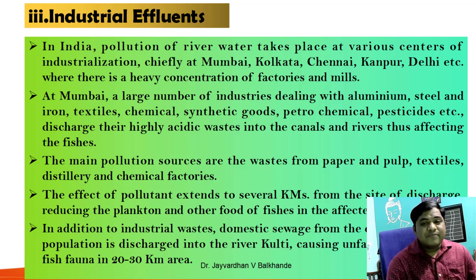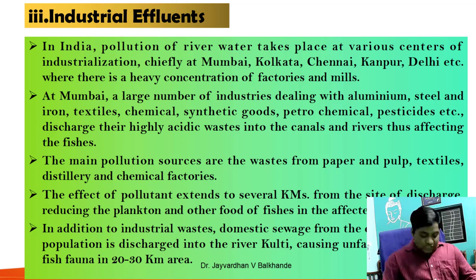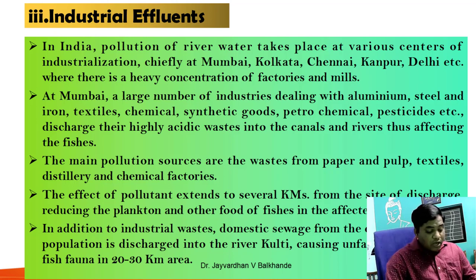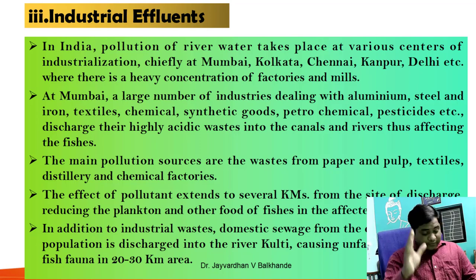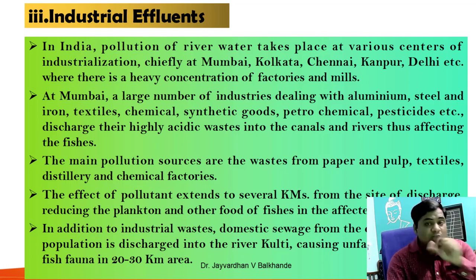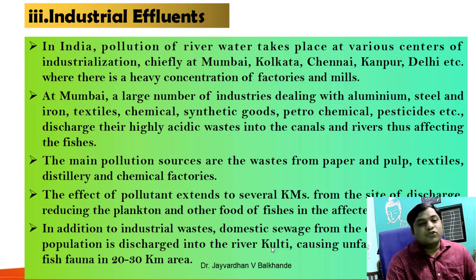They are dead, okay, their production is not good in the particular area, and if the natural food is not in ample quantity, then it is very harmful. Then we can see scarcity of food. Okay, that is one of the important points that arises here. So the food of fishes in this area is affected.